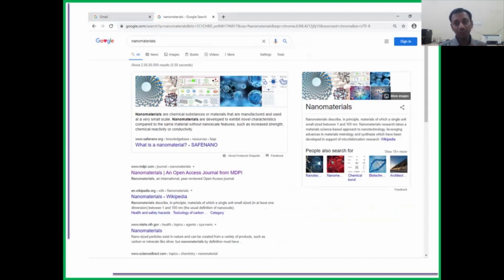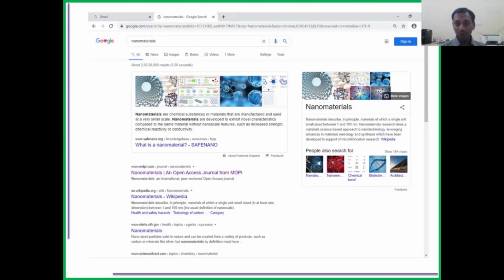Because first we have to understand what nanomaterials are, and then after knowing the nanomaterials, their properties, their applications in various fields, including catalysis, we'll again start in detail on catalysis and heterogeneous catalysis, including its applications. But let's start on nanomaterials first.